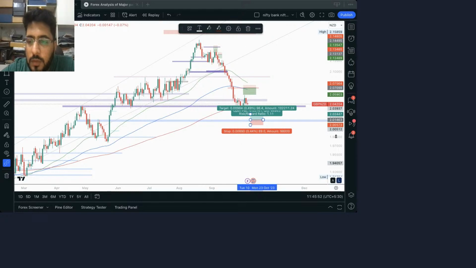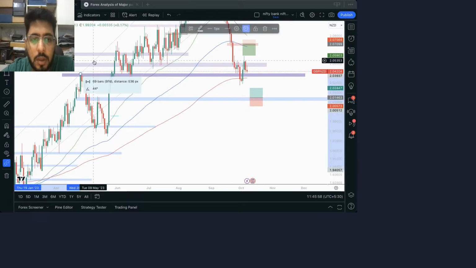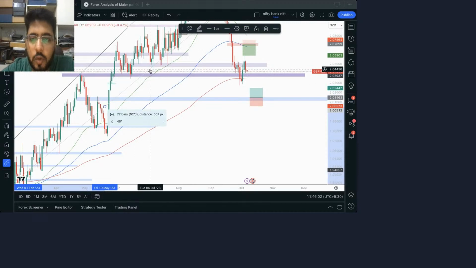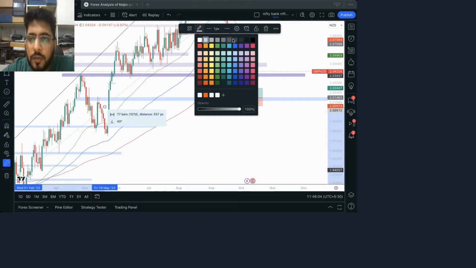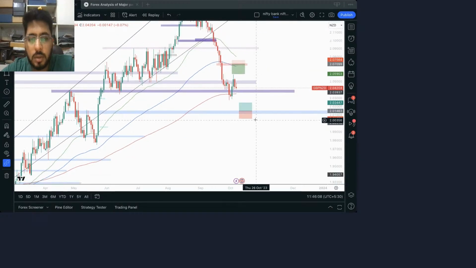So I don't do much trading in GN because it can hit stop loss in a moment, and it can hit profit in a moment as well. So the zone should be very strong in GN.